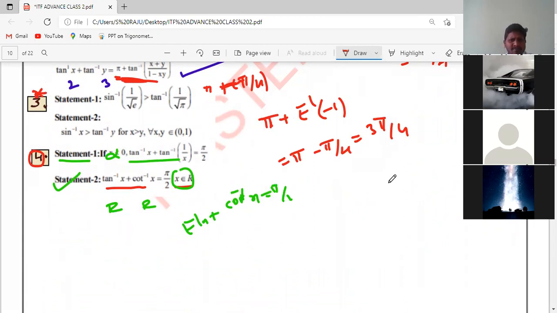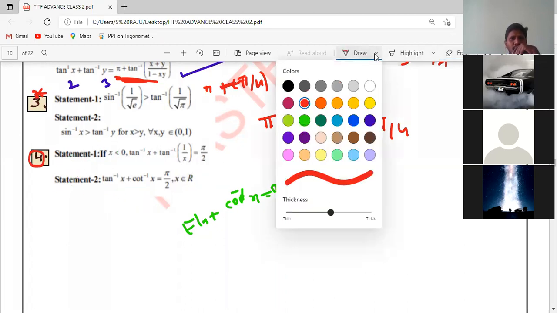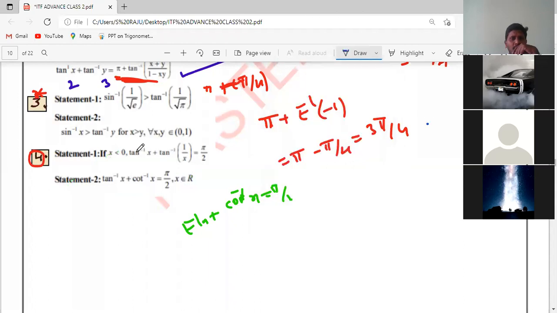Sir, in statement 1 of the fourth question, they did not mention it's not true for positive values. They mentioned if only, no sir. If x is lesser than 0, it is satisfied.